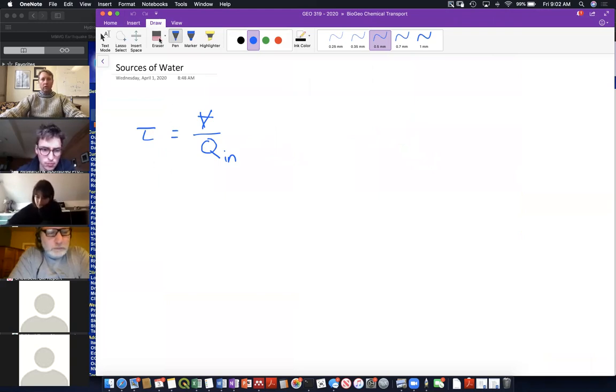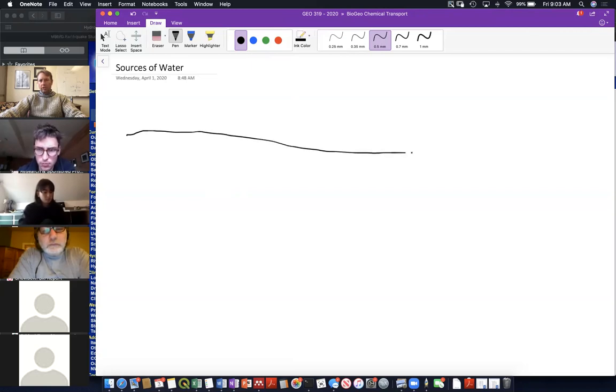Okay, so let me erase this stuff. We'll come back to this equation, but for now we don't need it. All right, so I'm gonna draw a land surface here. Sort of gently sloping down to our stream. And we're going to think about, first of all, our critical zone.